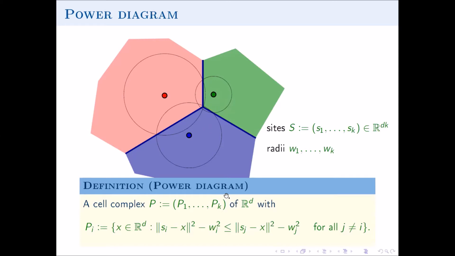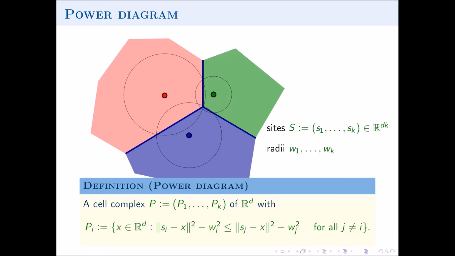So algebraically, a cell complex is a tuple of k polyhedral cells that are closest with respect to this so-called power function. So a classical squared Euclidean distance to the site, and then taking into account the different radii around the cells.